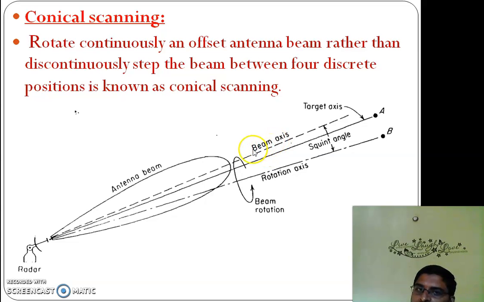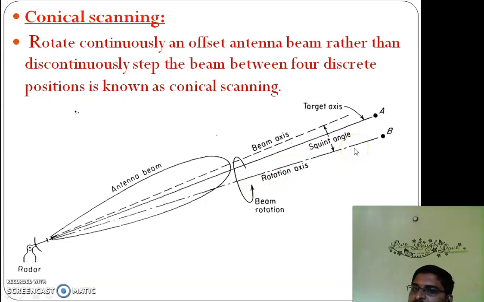Here the offset antenna beam is continuously rotated around the rotation axis to find the angular error. For example, to find the position of a target, this antenna beam is continuously rotated like this, and here the target is not along the rotation axis.